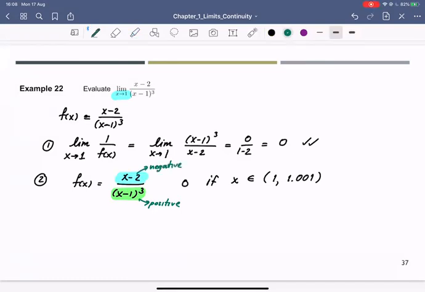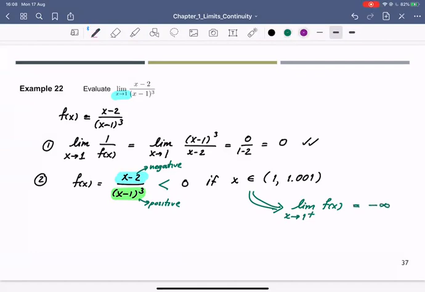Negative over positive is negative. This concludes that the limit of f(x) as x goes to 1 from the right is negative infinity.